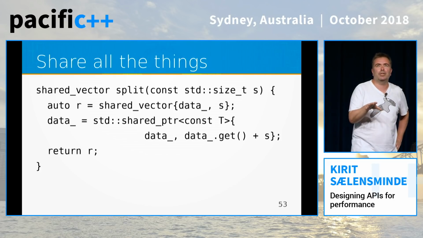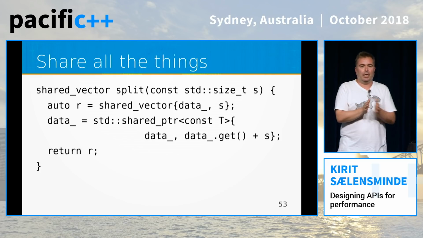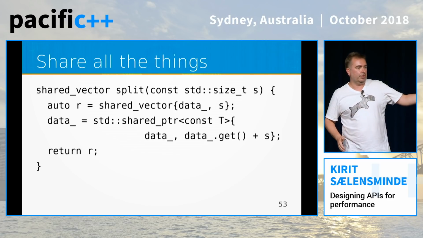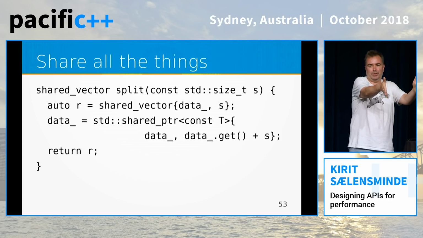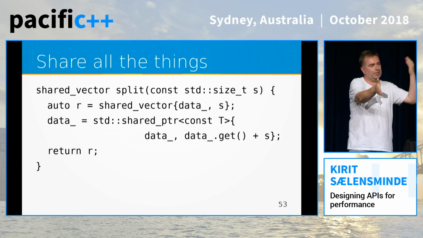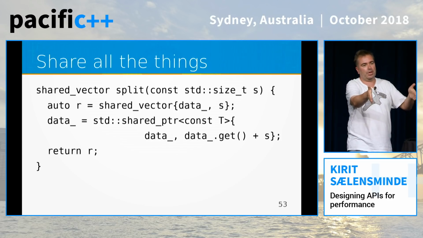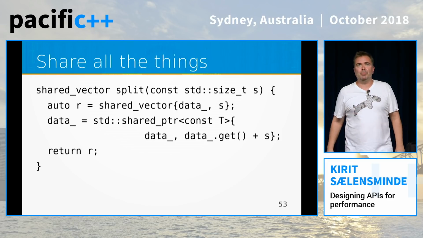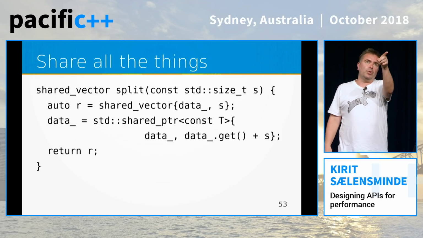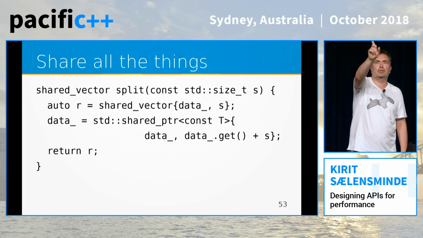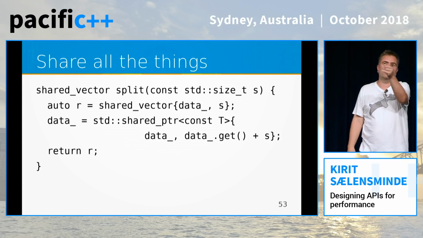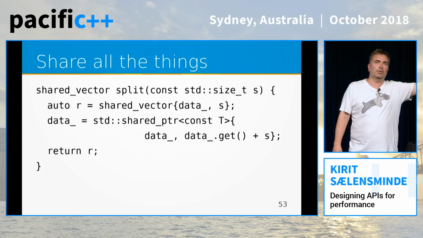Shared pointer has this really nice constructor where you can say, I have a pointer to this, but can you give me a pointer to this sub-object inside it, controlled by the same shared reference counter? And we make use of that here. So we can break the first bit off by taking the shared vector of the data and the size, break that bit off.